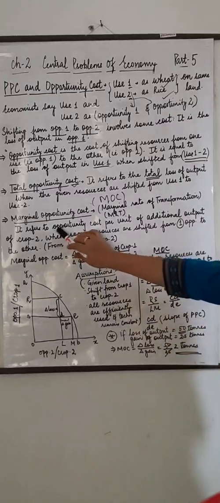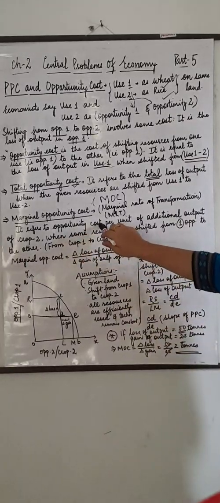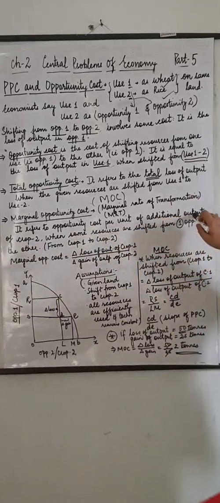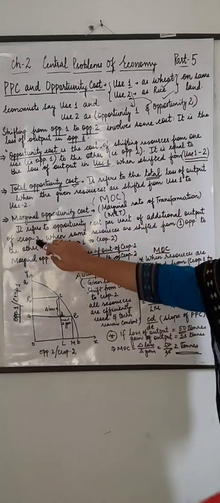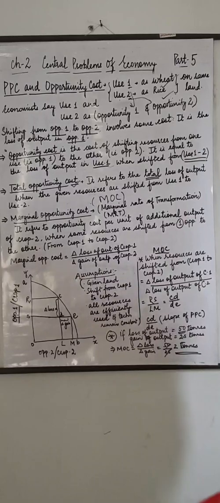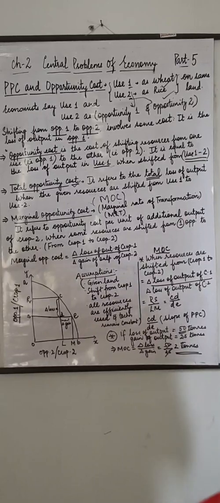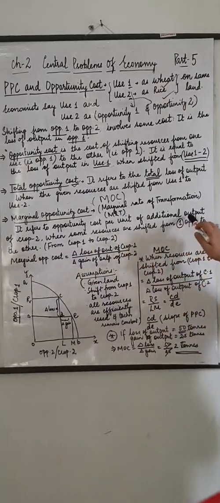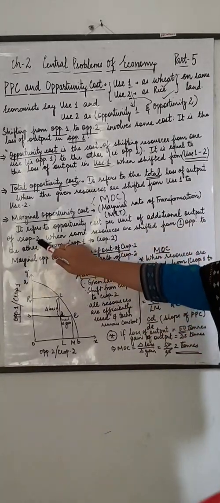MRT refers to opportunity cost per unit of additional output of crop 2. Whatever step by step we input into crop 2, the loss because of that is known as marginal opportunity cost, the cost per unit of additional output of crop 2.